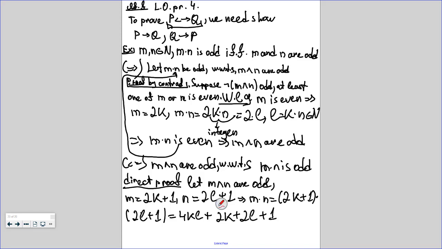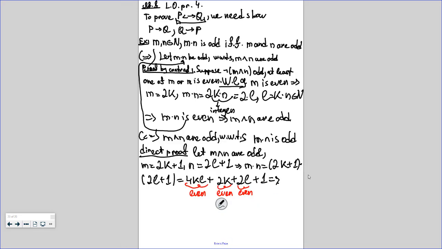So the thing you can note is that these three components are even, and when we add 1 to an even number, we get odd. So from here we can conclude that m times n is odd. And this is the end of the proof.